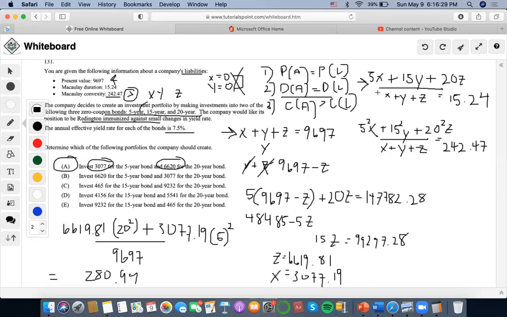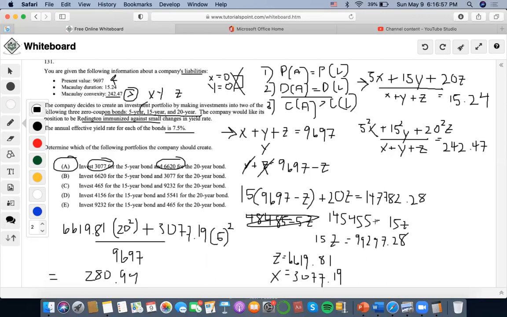I would also substitute y into here, right? 15y plus 20z, so then this would become 145455 minus 15z.